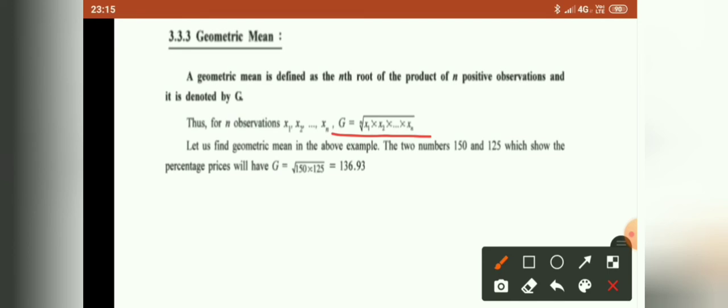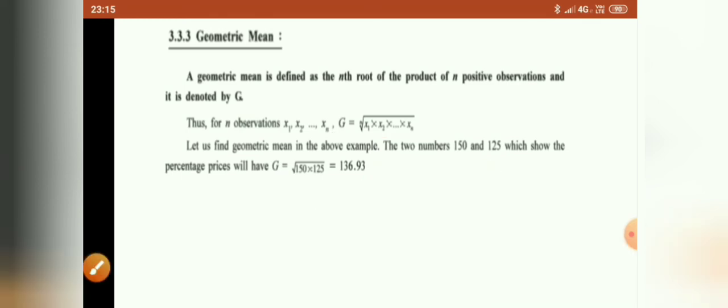If there are two numbers 150 and 125, then the geometric mean will be the square root of 150 into 125. If we multiply and then press the root button, we will get the answer 136.93. In this way, we have to solve the sum of the geometric mean.